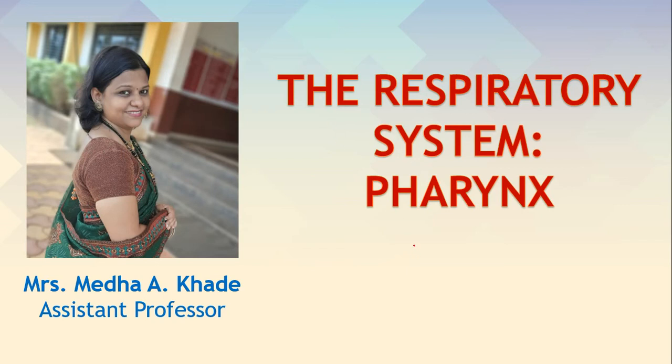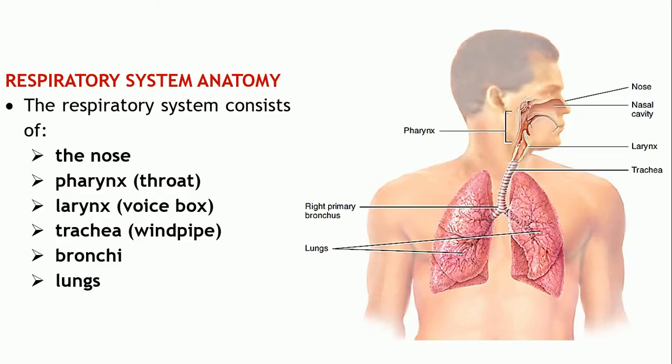So in today's video we shall consider the next part of the respiratory system, that is the pharynx. As you are familiar with this particular slide which shows the different parts of the respiratory system.